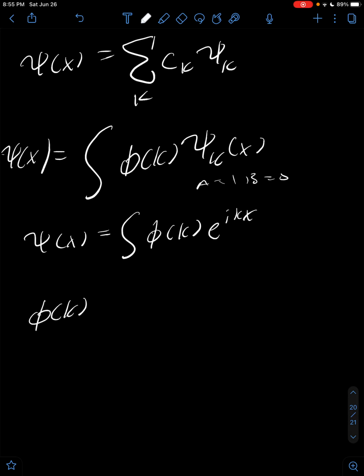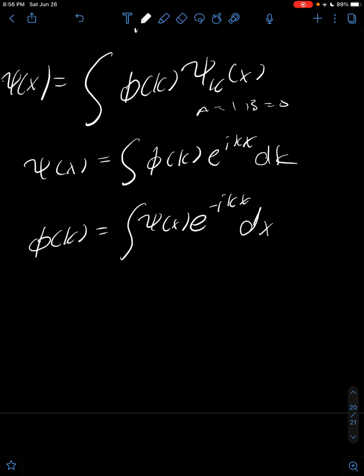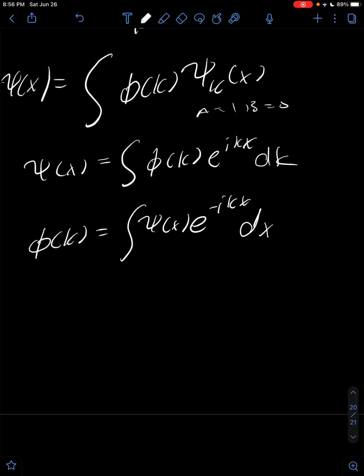Which means that phi of k equals the integral of psi of x e to the minus ikx dx. You can prove this yourself by writing it in the abstract form, and we can solve for phi of k that way.